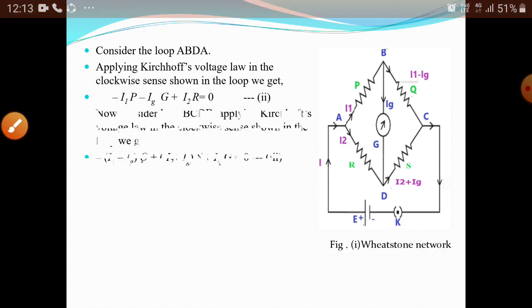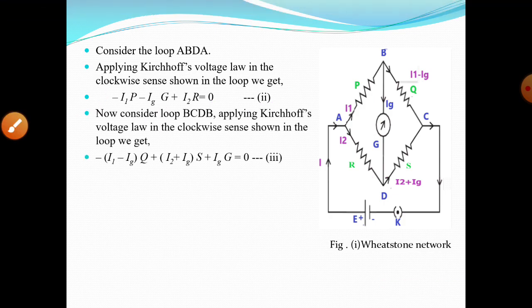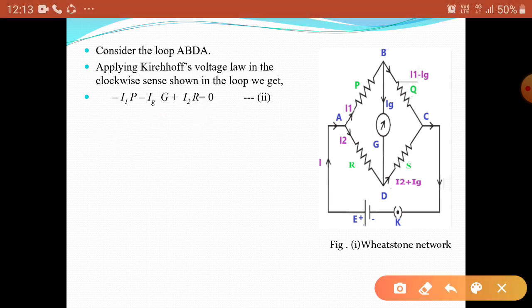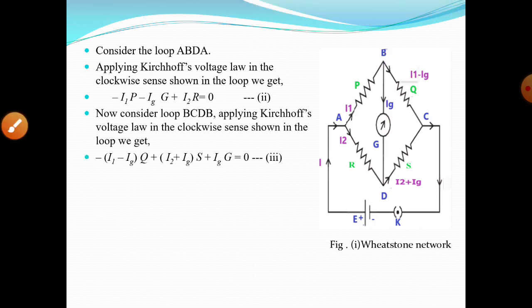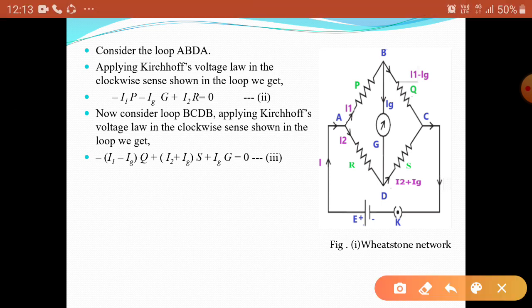Now we have to apply Kirchhoff's second law to the loop BCDB. For this loop, we can represent here again the current passing through this resistor Q is equal to I1 minus Ig, but the direction of conventional current as well as the tracing of the loop is the same.